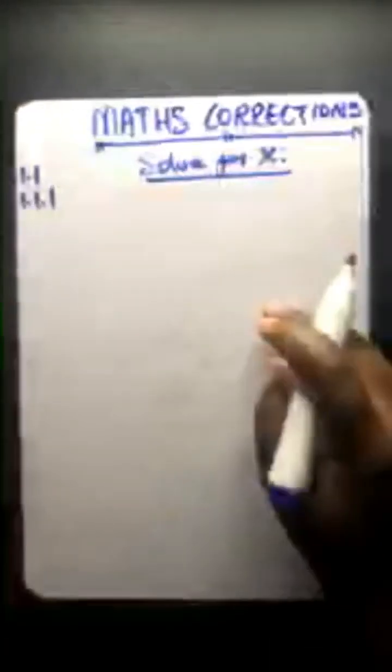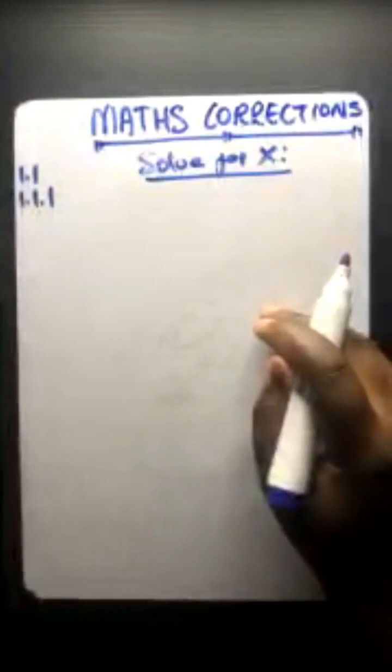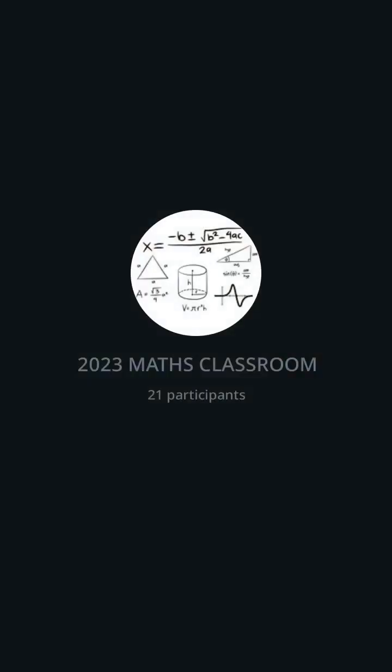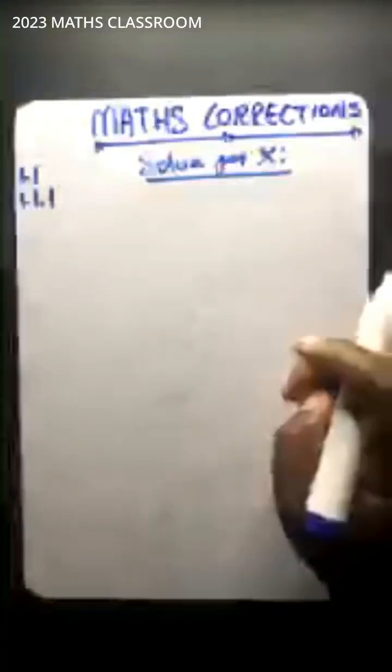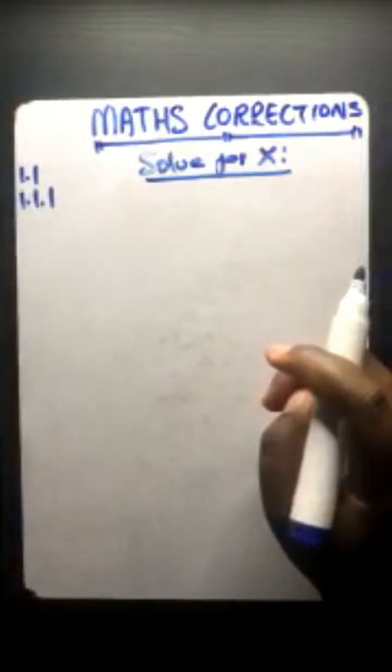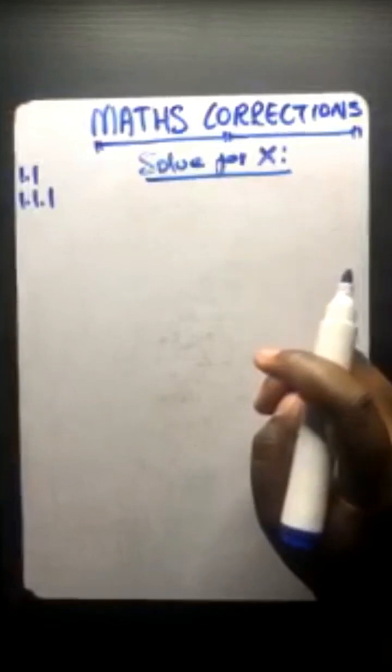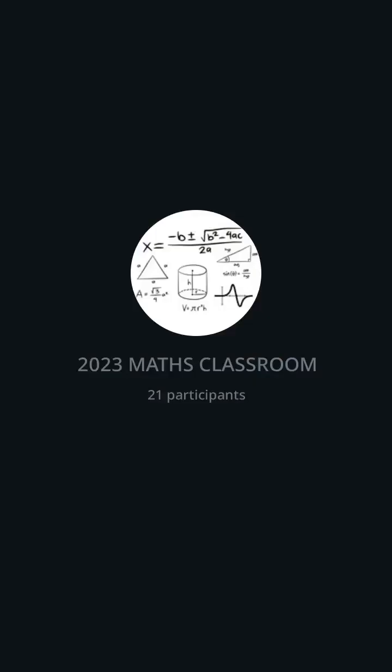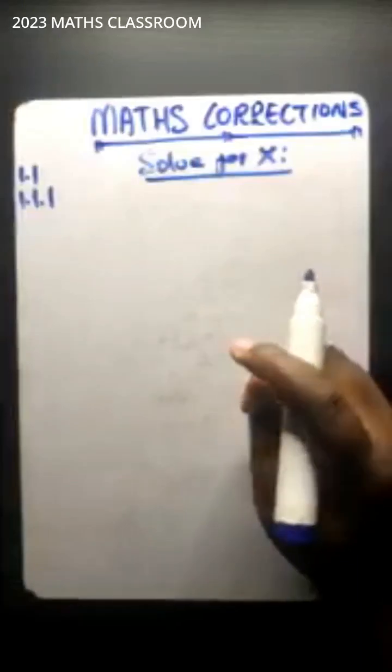So whether you're in grade 10, grade 11 or 12, just make sure that you stay until the end of the lesson. But most importantly, I want you guys to be aware of the techniques that one needs to apply when working with math problems. So I hope you got me there, honorable member.